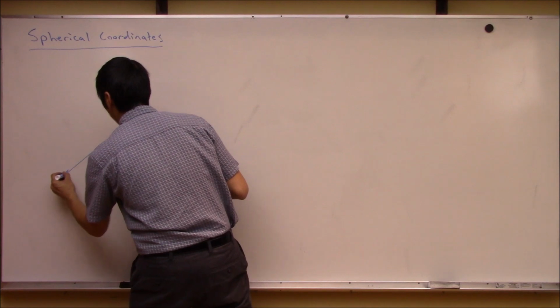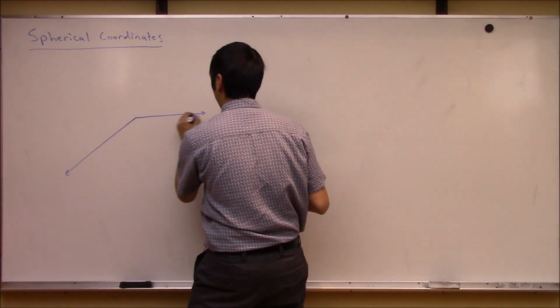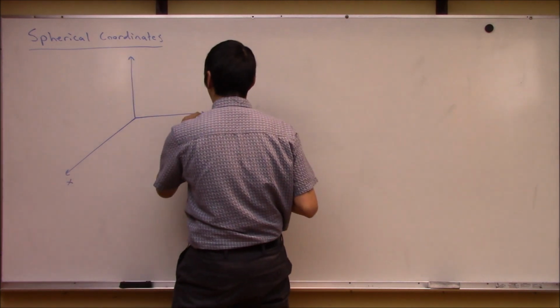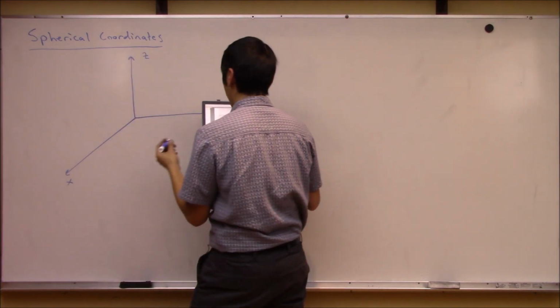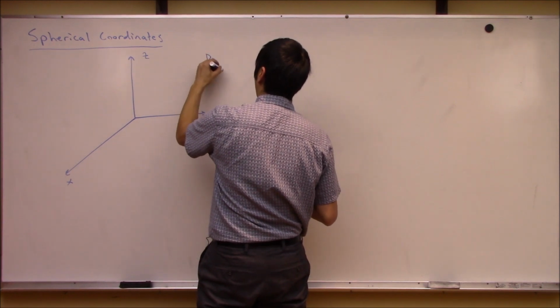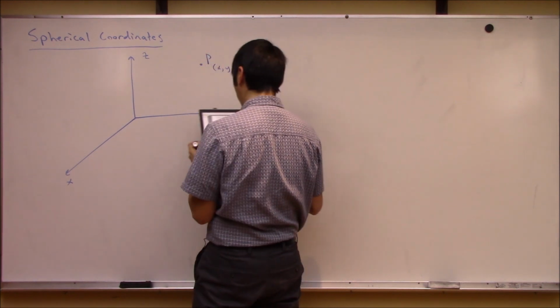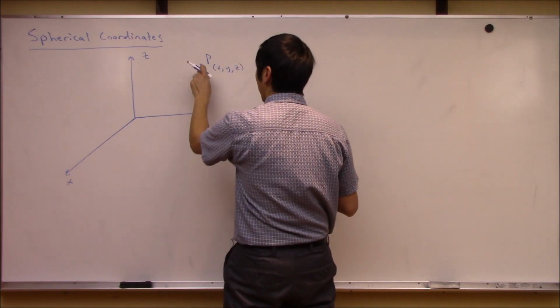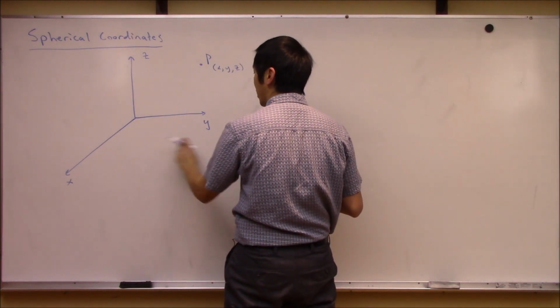Again, let's draw our Cartesian system first because that's the easiest thing to look at. So here's x, y, z, and the point P of interest is maybe out here, P at x, y, z. Let's project this point P down to the xy plane.